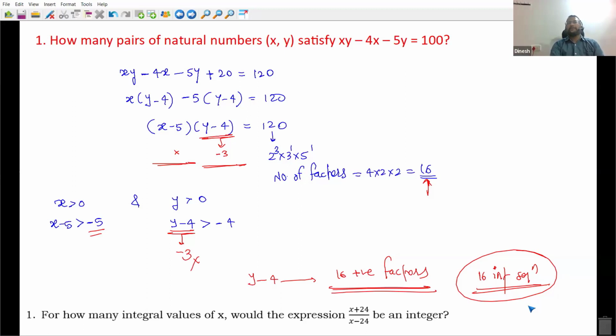So the method will remain the same, everyone. We did one question of this type in the last class.